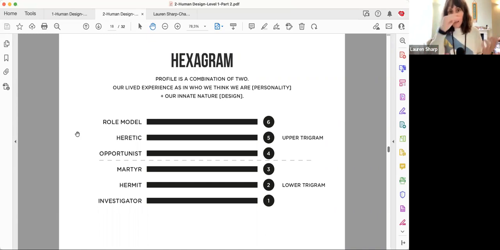So in this hexagram that we call it in Human Design, we have the lower trigram and the upper trigram. Everything in the lower trigram is really about working it out. And the upper trigram is about sharing it, putting it out there, being out there. That doesn't mean that because you might have numbers in the lower trigram, you're not going to be out there and share.